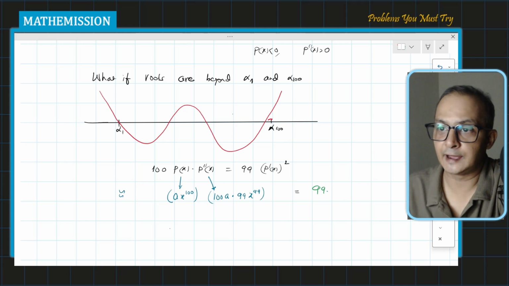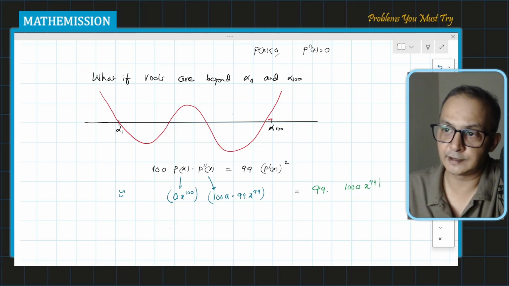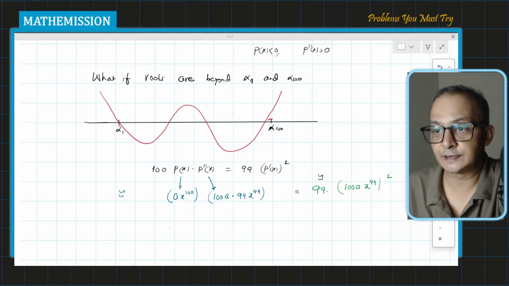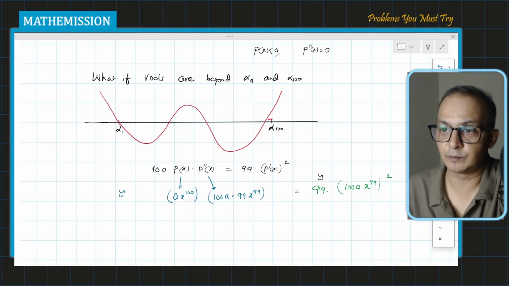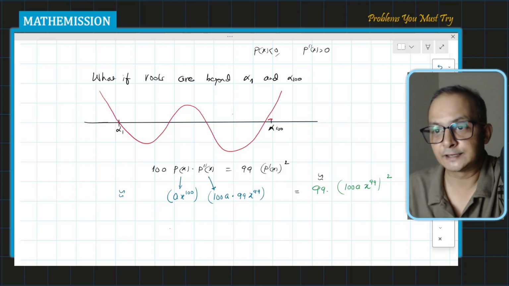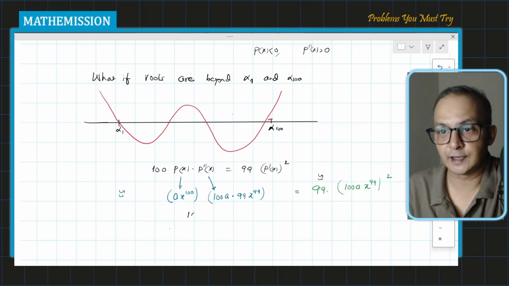here, and p dash x square means p dash x is 100 a into x to the power 99, and then square it. You notice when we are approximating the leading coefficient, they're equal actually. Why they're equal? You can see this is actually turning into 100 was already there, so I have 100 squared, and here a square and x to the power 199.